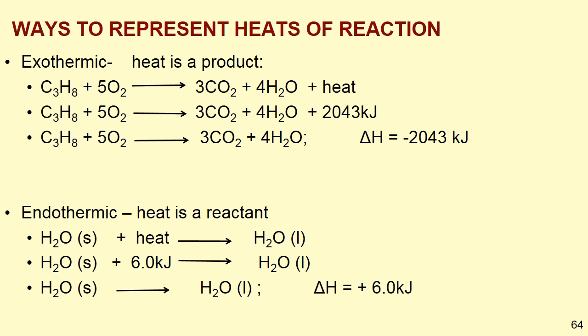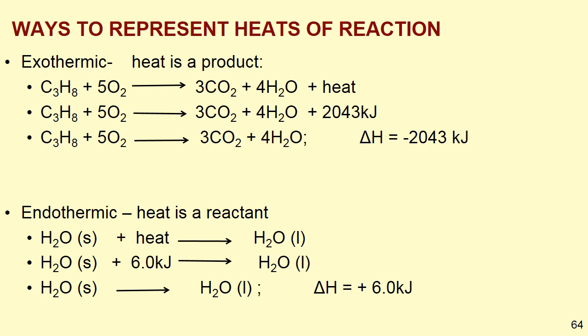I just wanted to let you know different ways that you can represent heats of reaction in a chemical equation. In exothermic, since heat is produced, we can often write, like you see on the first line, the reaction of propane plus oxygen to give us carbon dioxide and water, and then we wrote plus heat, so heat is a product. So you can just use the word heat, as we see here, or if you see in the second line, the 2043 kilojoules. Kilojoules is a type of unit for heat energy.